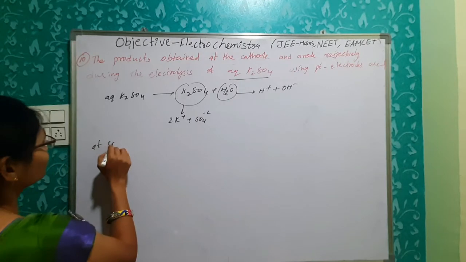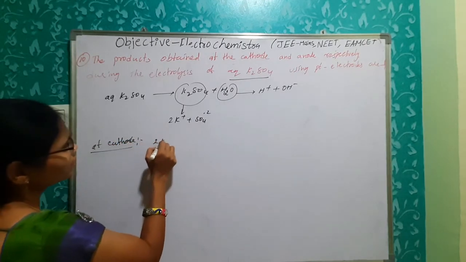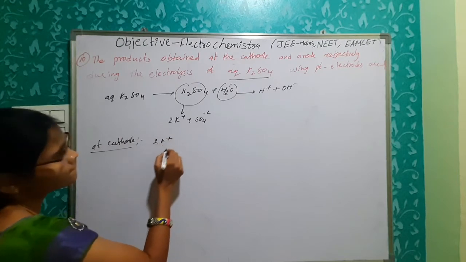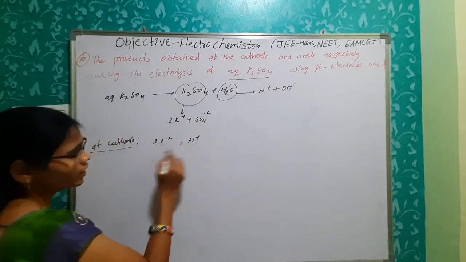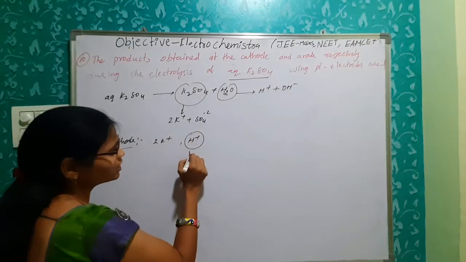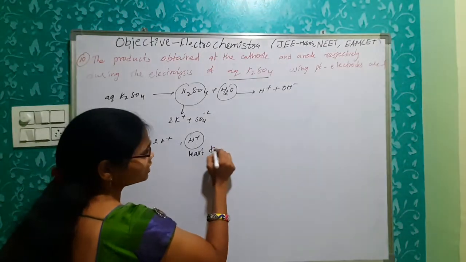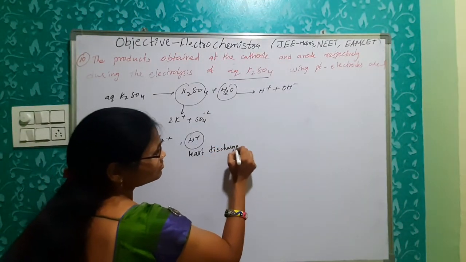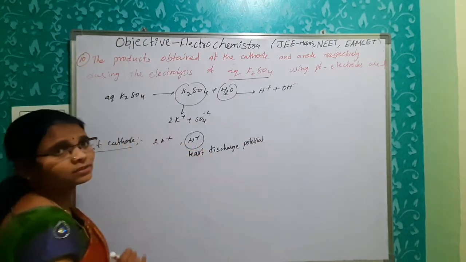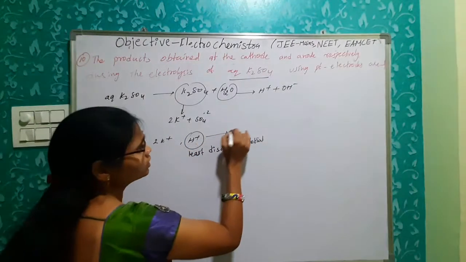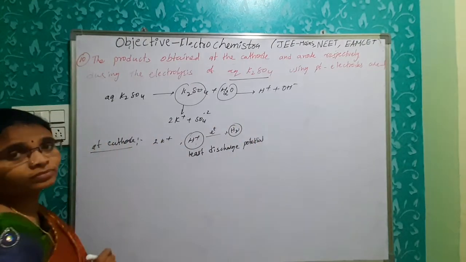At cathode, which ions are present? K plus ions and H plus ions. In that, which has the least discharge potential value? H plus has the least discharge potential, so it gets discharged first. So H plus takes electrons to give H2 gas at cathode.